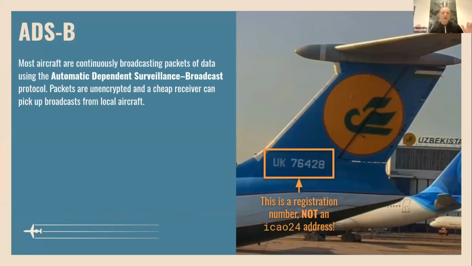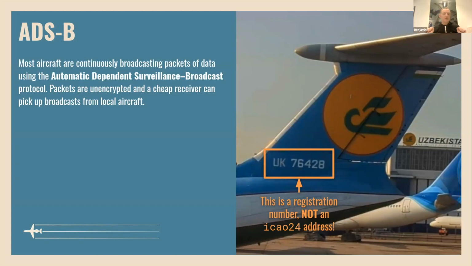So all aircraft, or let's say all fairly large aircraft, all commercial aircraft that are traveling around, are continuously broadcasting information about their current state using a variety of different protocols. The one protocol that we're going to talk about here is, as I said, ADS-B, the Automatic Dependent Surveillance-Broadcast protocol.